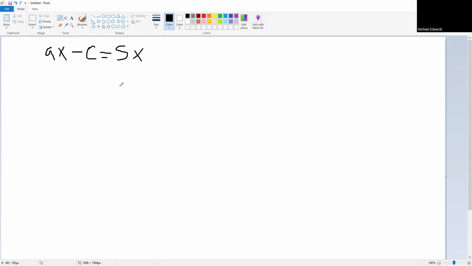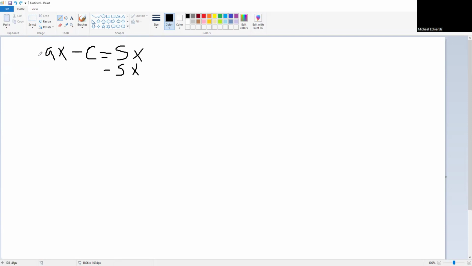So the way you do that is just like you would do any other way to solve. We need to get x on one side. So to do that, we would just subtract this 5x out and put it on this side. So let me add a subtraction 5x over here.